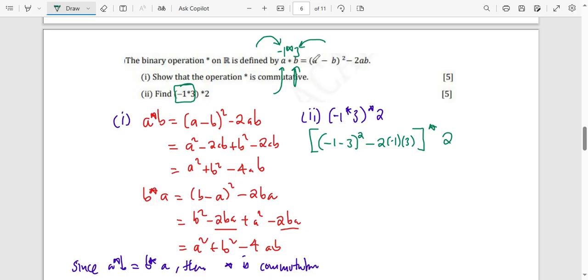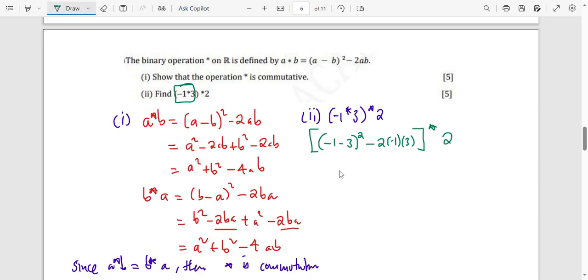So at every point where there is A, we'll put negative 1. At every point where there is B, we are going to put a 3. Right? Does that make sense? So that's why we've put here negative 1, here a 3. But the same way, there is a square there, there is a minus, there is a 2 in front. Just put where there is A and where there is B.